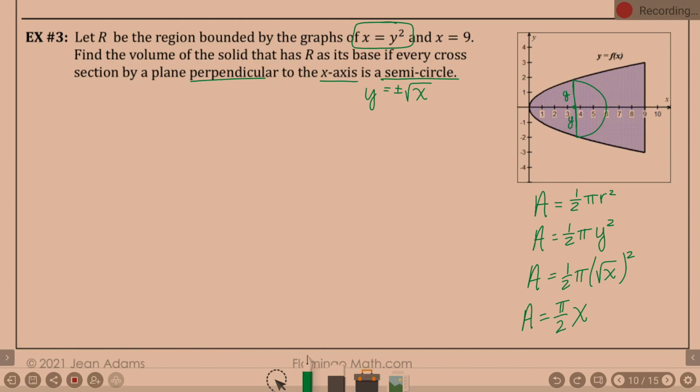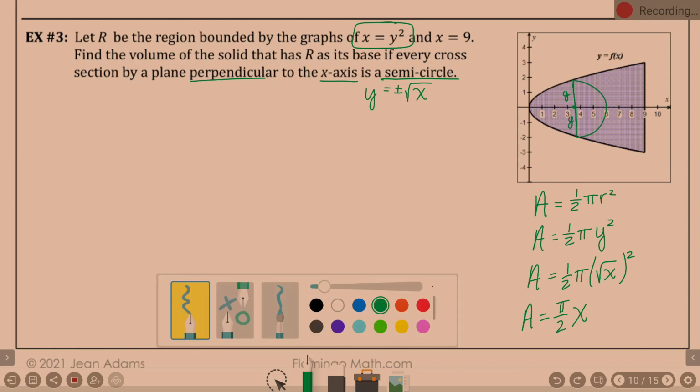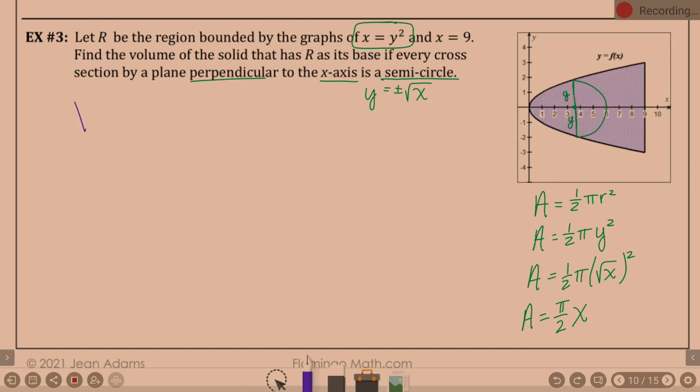Okay. Volume. What are you setting up? Integral of, 0 to 9.